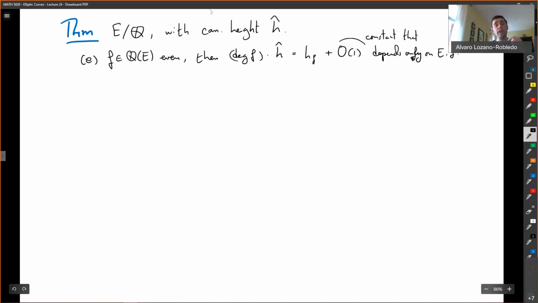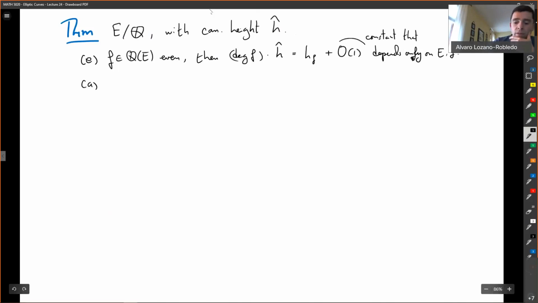Okay, so that's what I said, that essentially the canonical height is just hf divided by the degree of f, except up to a constant. So you are pretty close. Well, the constant could be huge, but in any case, you can find out what that constant is and figure out how far you are from the actual canonical height.